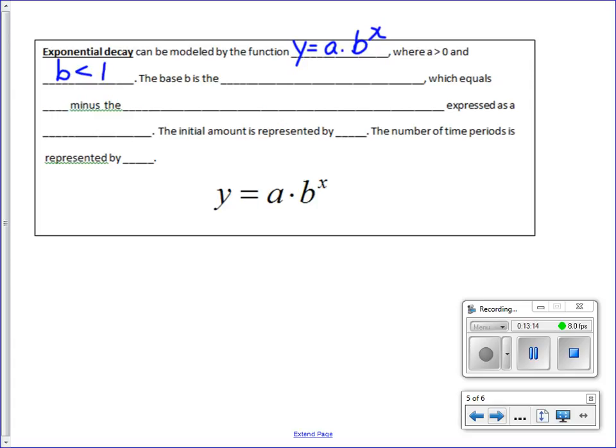Now it's also important to know that it has to be greater than 0. So b is going to be a number between 0 and 1. It can't be negative, but it is a fraction. All right, the base b is the decay factor.